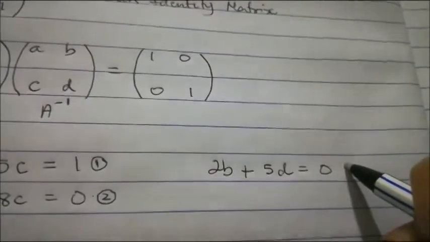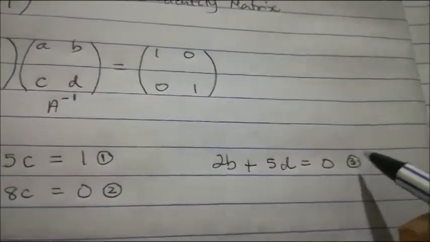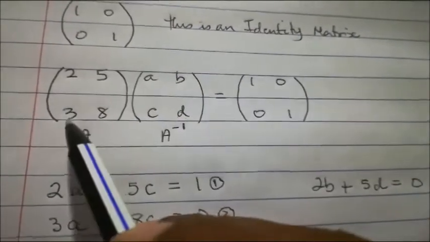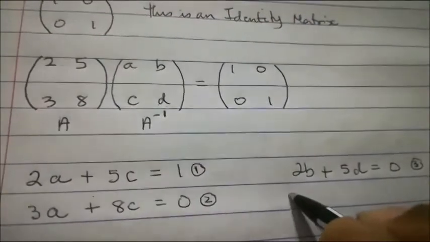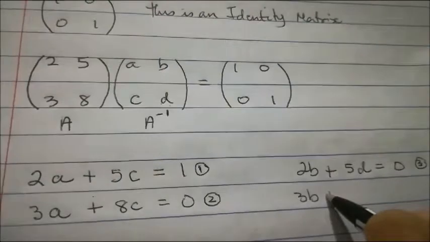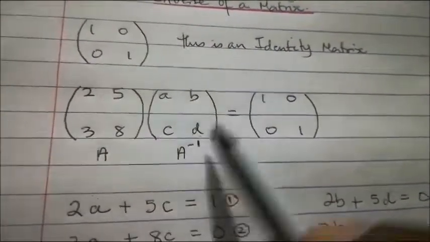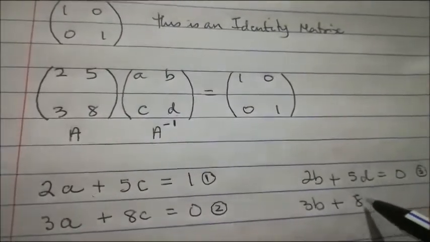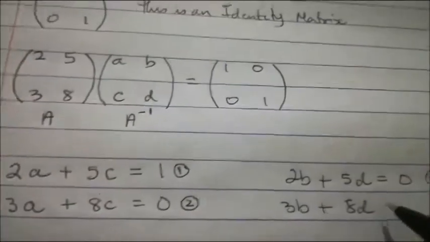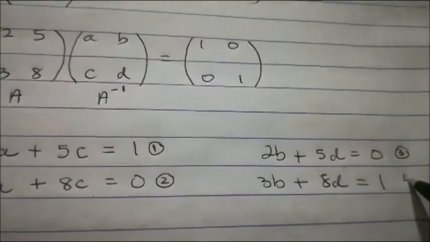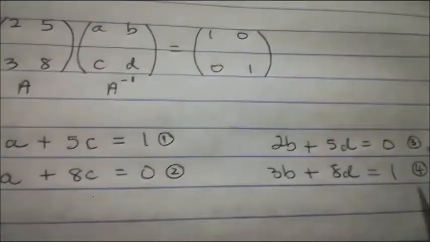And this is our third equation. And we're going to have this multiplied by this now. We're going to have 3B plus 8D is going to be equal to 1. And this is our fourth equation.